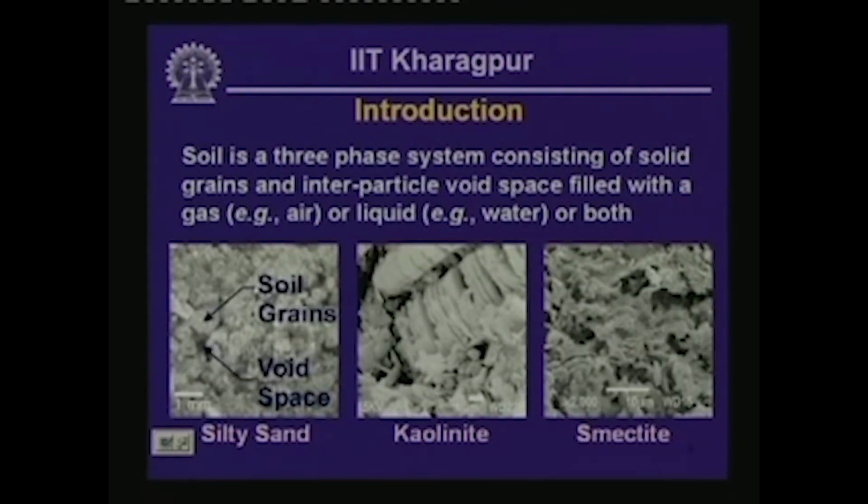First of all, we are talking about soil in this particular lesson. So the first question that comes to mind is what we mean in an engineering sense as a material that could be called a soil.